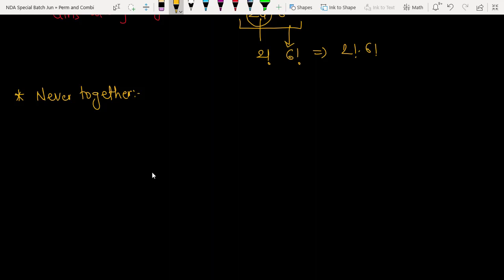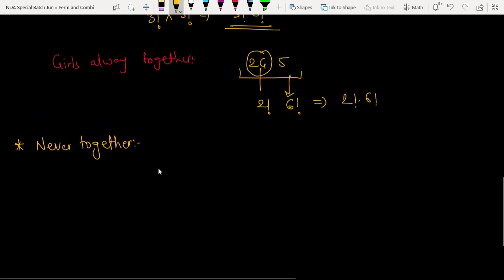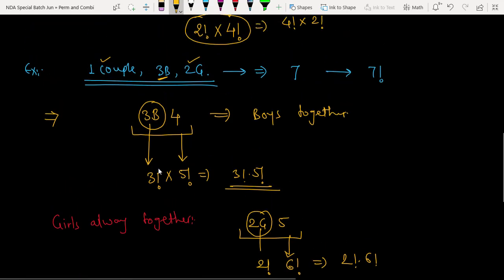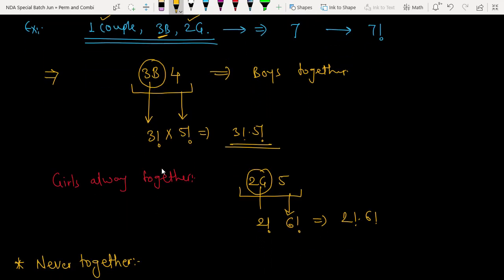Yes, go ahead. Sir, I think it should be 3 into 4 factorial. Which one, boss? With the boys. 3 into 4 factorial? No, because you have 4. See here. For this case, if 3 boys are always together, we formed a group here, and we have taken this group as one single object.